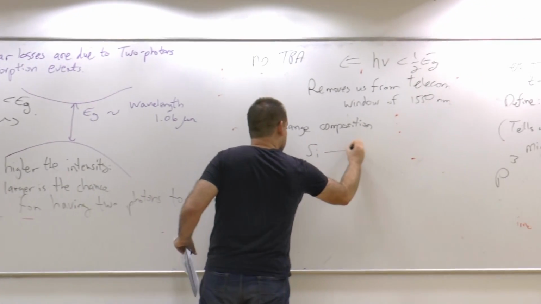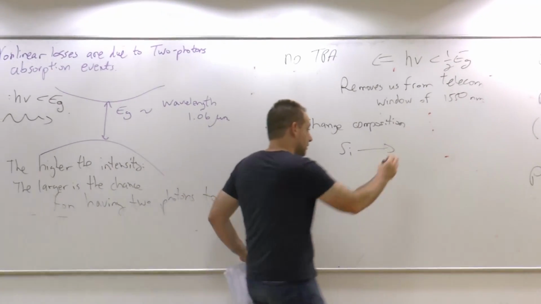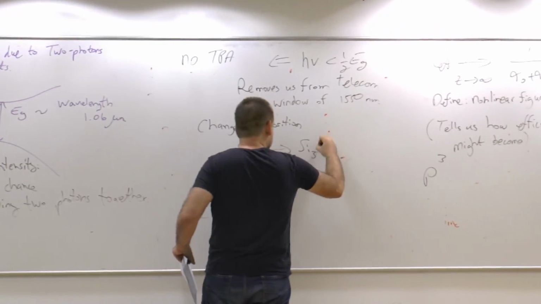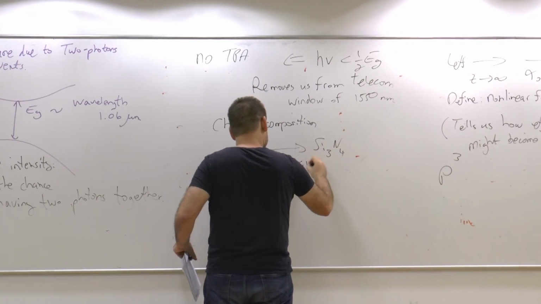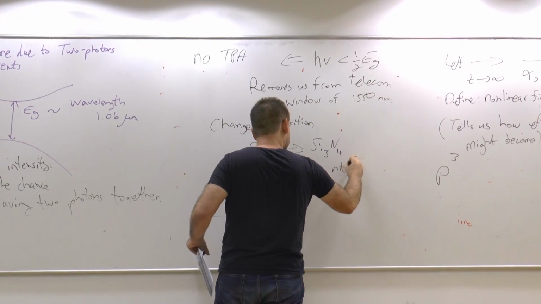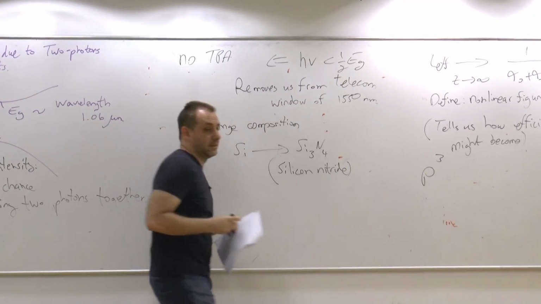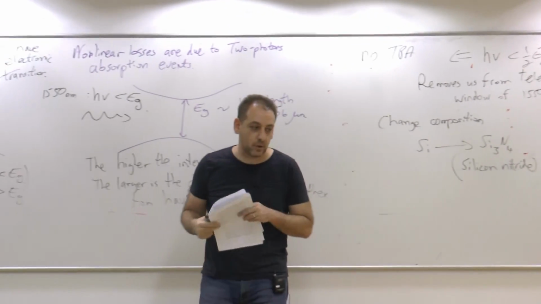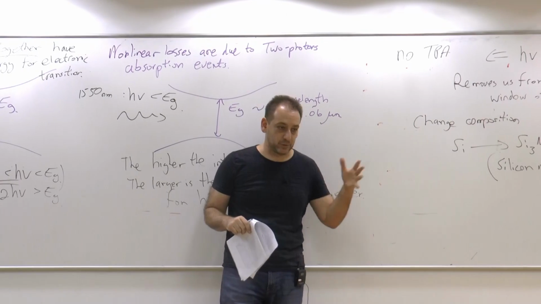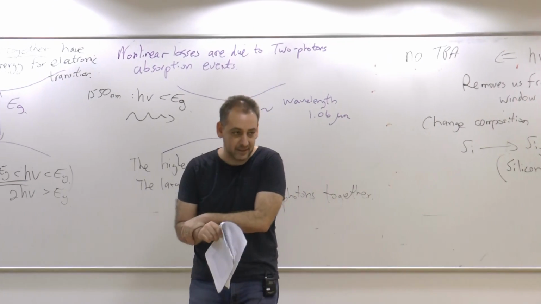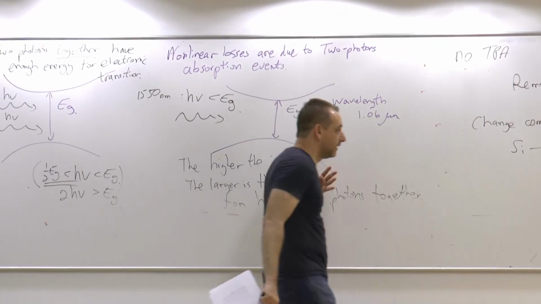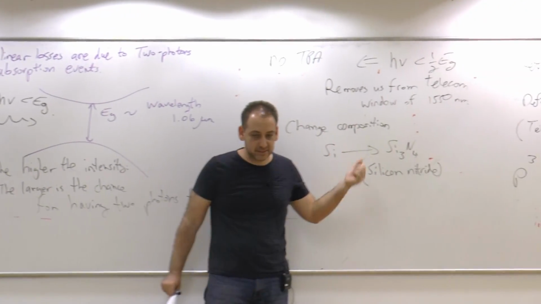Many times we switch from silicon to a material called silicon nitride. With proper processes, you can grow silicon nitride on silicon, you can convert silicon to silicon nitride, because it is still in a composition that is heavily based on silicon.